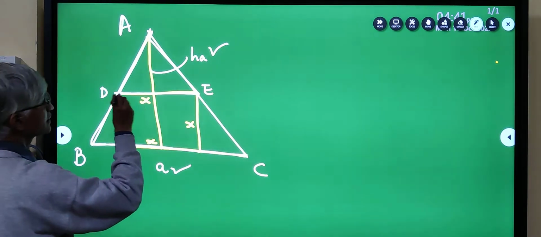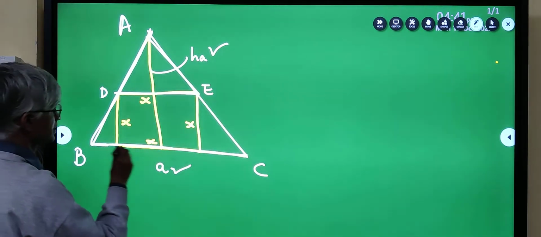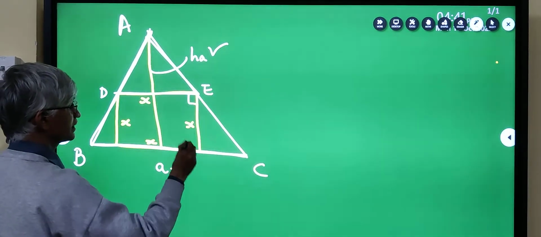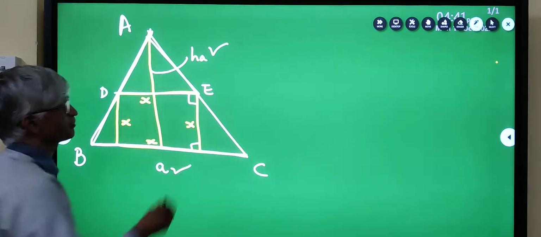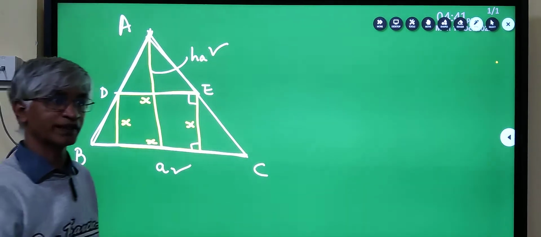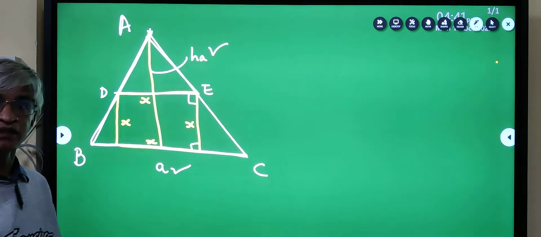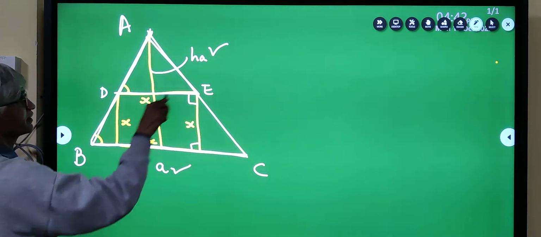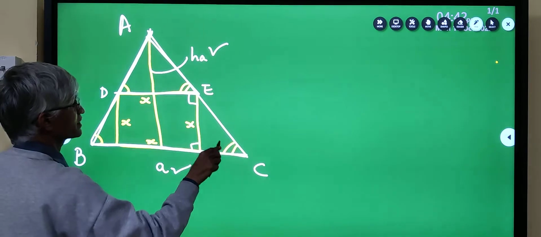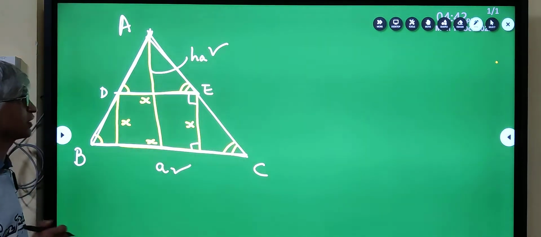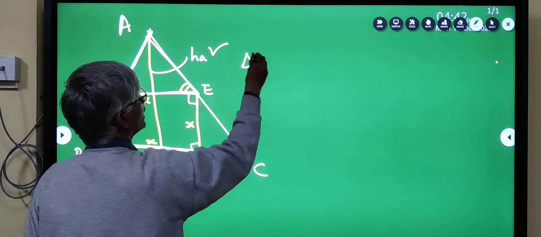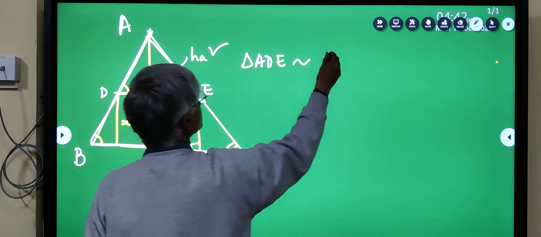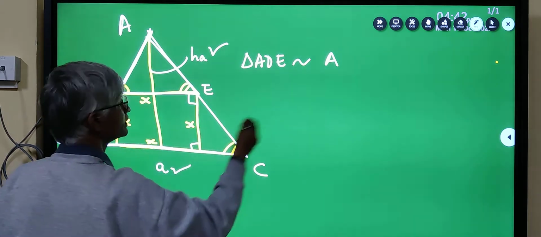The reason is that this line and this line are parallel to each other, because this is 90 and this is 90, and the sum of the supplementary angles is 180, and therefore these two lines are parallel. Now if these two lines are parallel, then this angle is equal to this angle, this angle is equal to this angle, and by AA, triangle ADE is similar to triangle ABC.